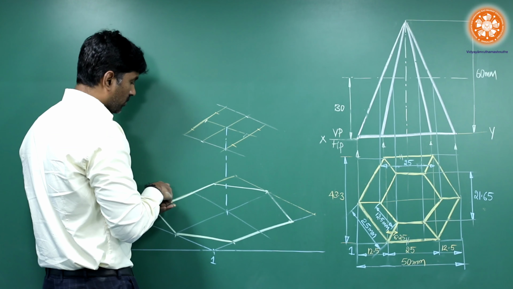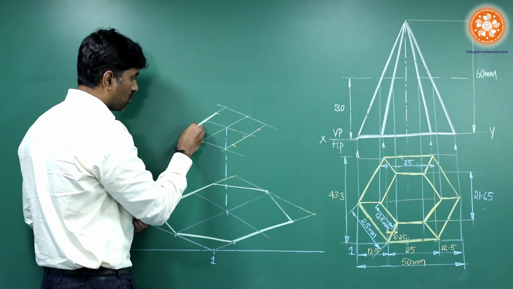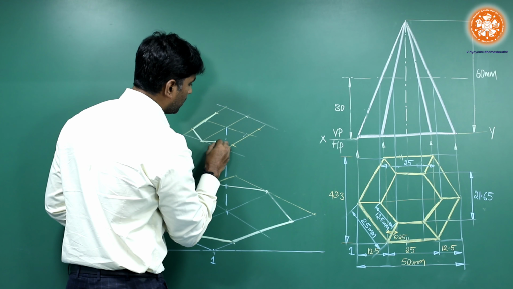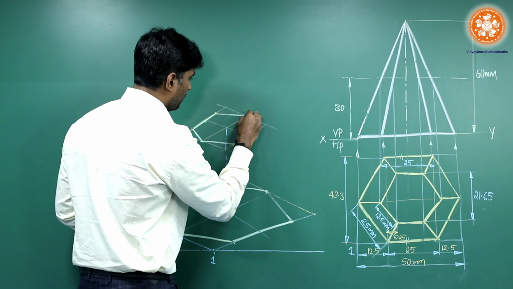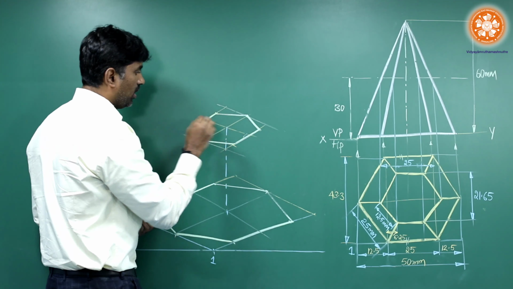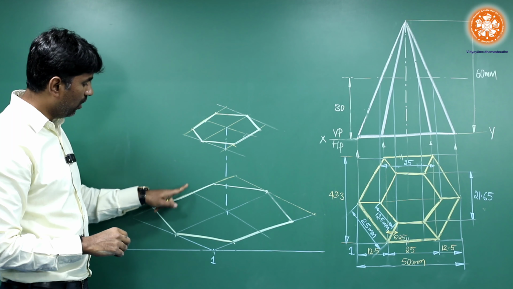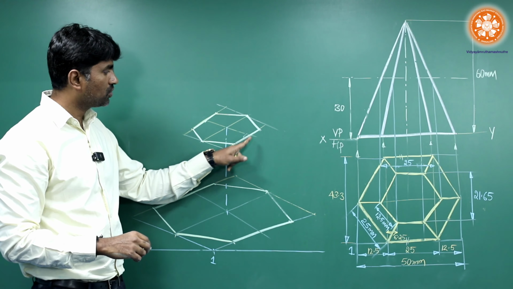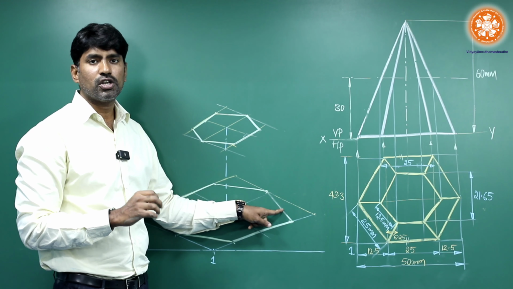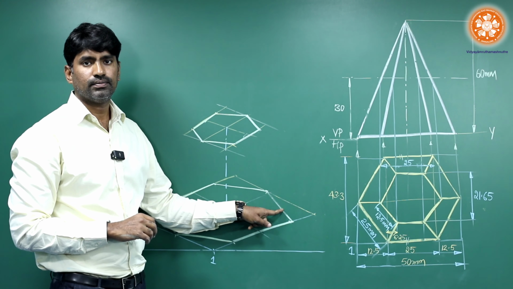With this, you can join to get a smaller dimension hexagon. Further, it is just a matter of joining all these respective points to get the final shape of a hexagon.